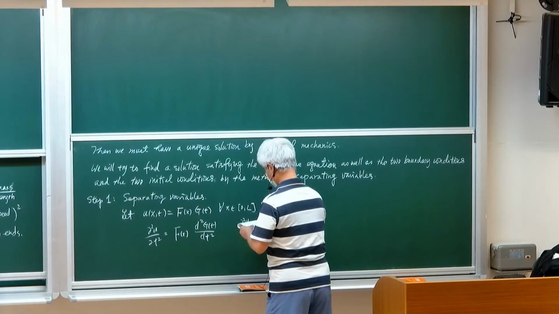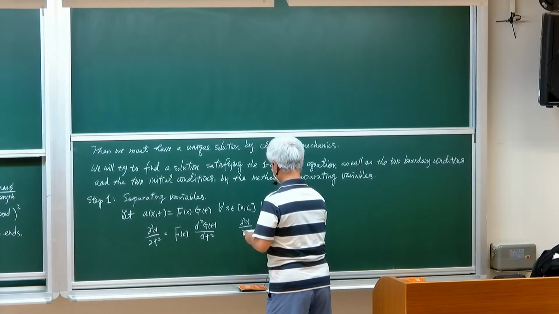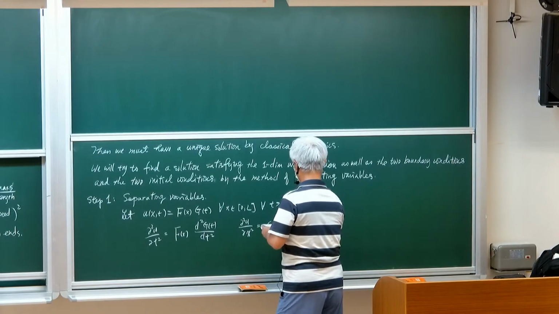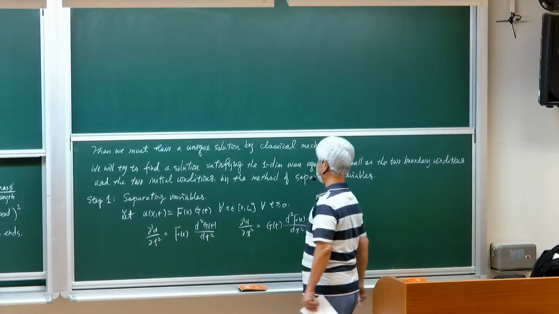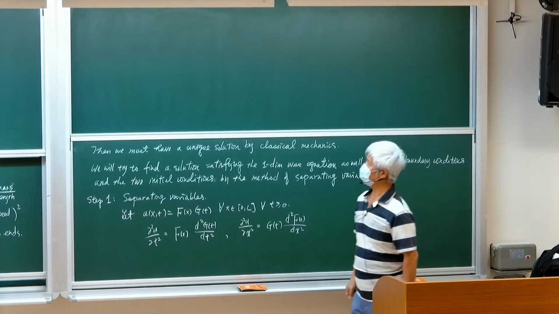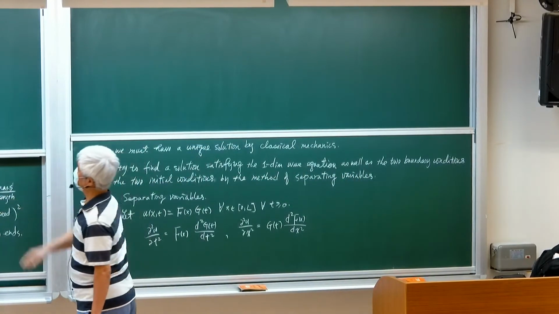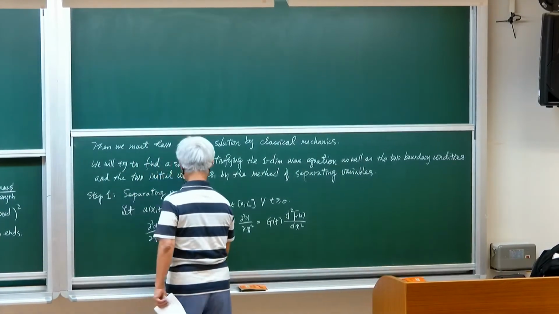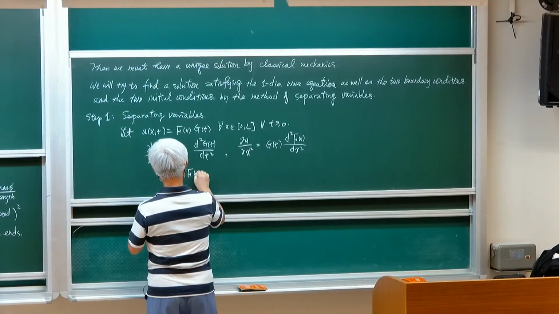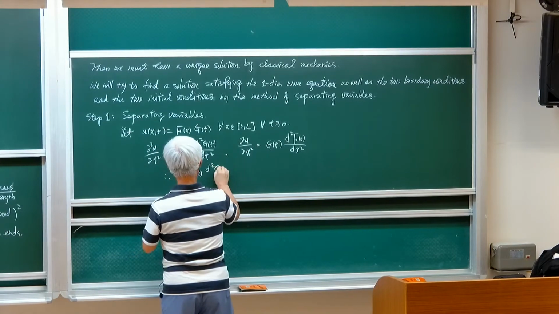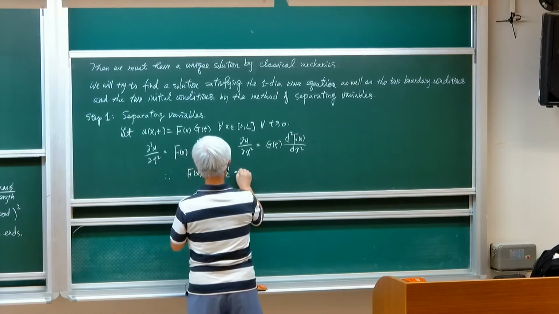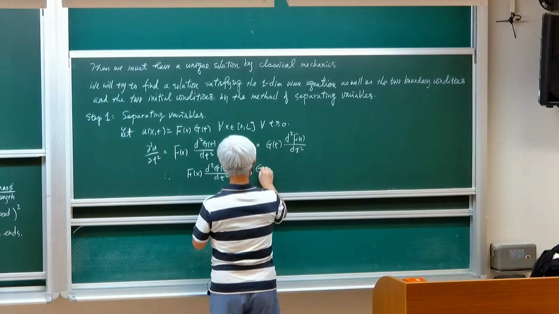So we see we have g of t and the second derivative of f. And we put these into the wave equation, so that we have f of x times g'' equal to c squared times g of t times f''.